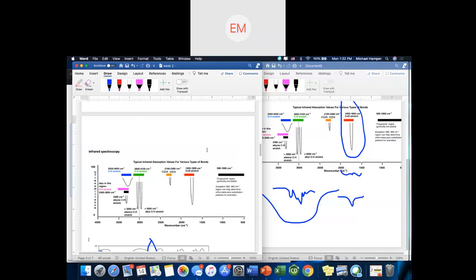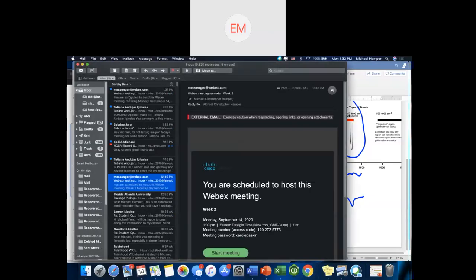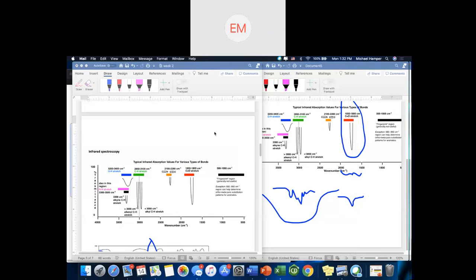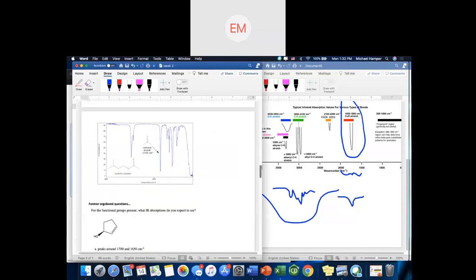You have a table in your book as well, or you can pull one up online and look up those IR stretches and values. Usually in your lecture, you're only going to see those three groups, but for other stuff, you might have to work the system a little bit.